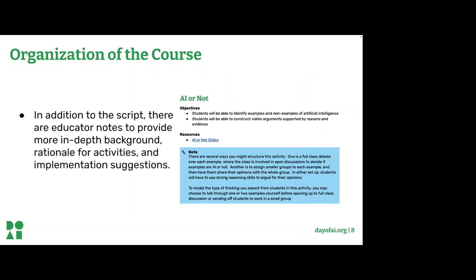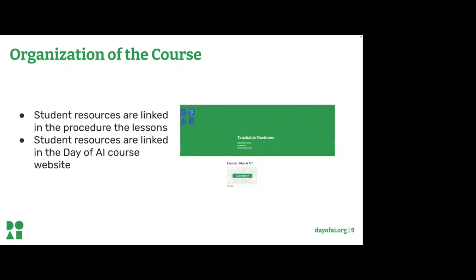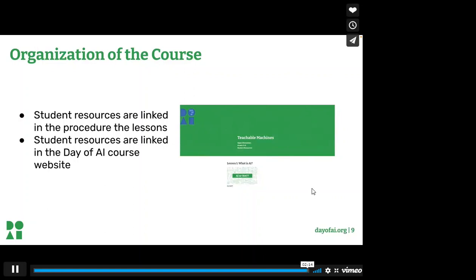Additionally, there are facilitation notes in the educator guide that are intended to provide more in-depth background and suggestions for implementation. The student resources are also linked within the procedure of the lessons. Thank you, and enjoy the Day of AI.